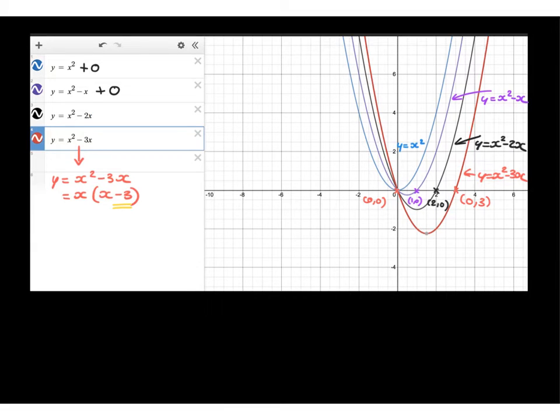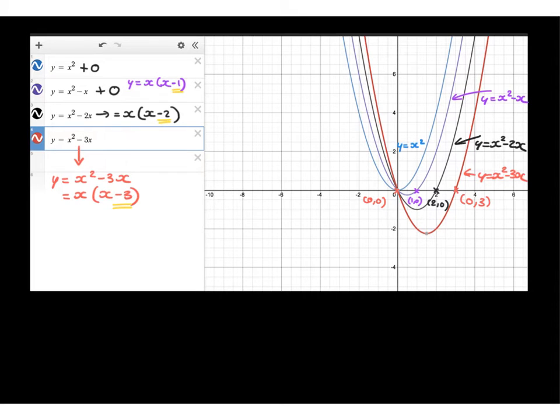Now, this one over here, if you factorize it, you get x bracket x minus 2, and it crosses the x-axis at 2. And this pattern repeats in all of the examples. Here's the last one here. y equals x squared minus x, or y equals x bracket x minus 1, and the graph crosses the x-axis at 1. And all the graphs also cross at 0 as well. This is something we will explore in a little bit more detail a little bit later on.